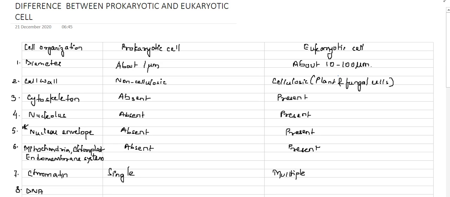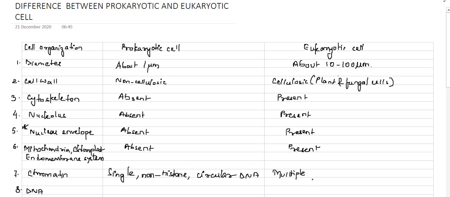The chromatin is non-histone and circular. Did you understand me? They are single, non-histone, no histone proteins are present, and circular DNA.